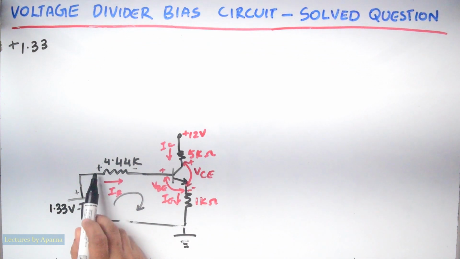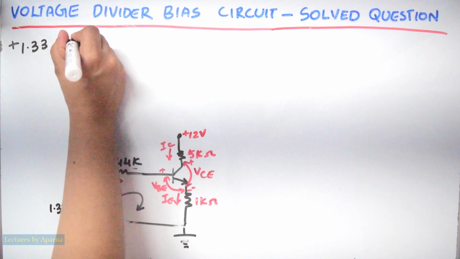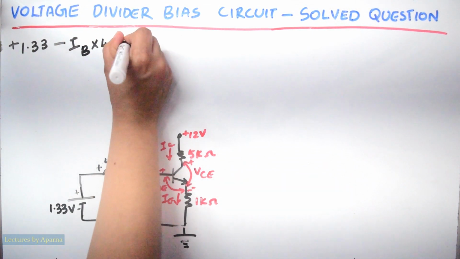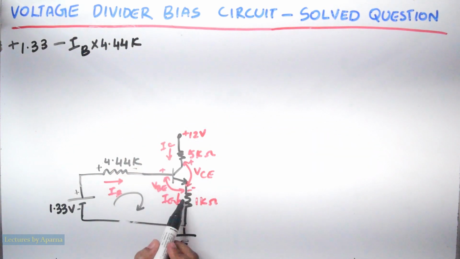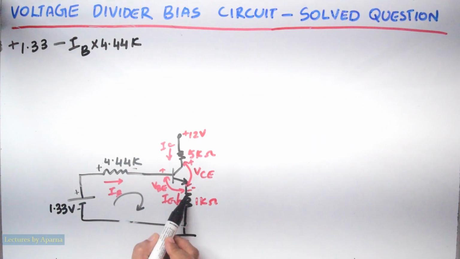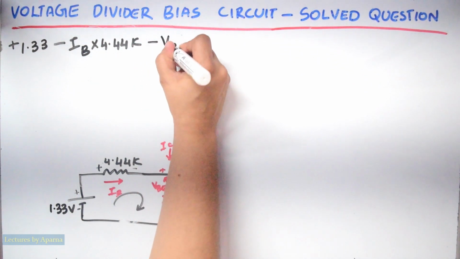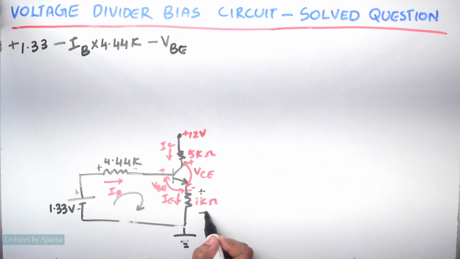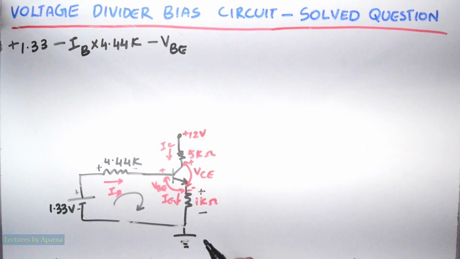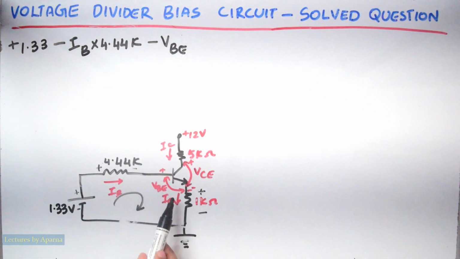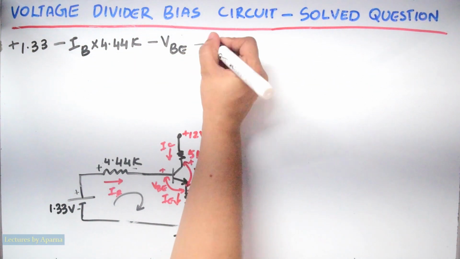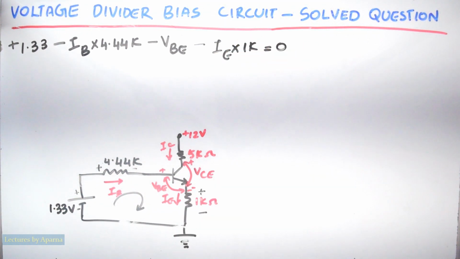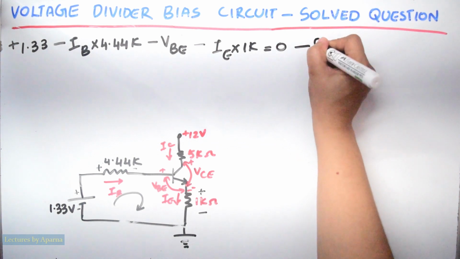So minus IB into 4.44K. Now when I go here, it is again a decrease in potential, so it is minus VBE. Again here current is flowing from a higher potential to lower potential, so it is again a decrease in potential, so minus IE into 1 kilo ohm is equal to 0. Let this be equation 1.